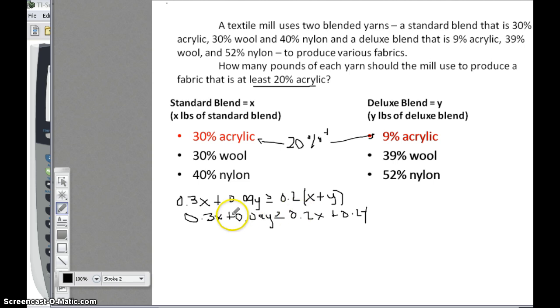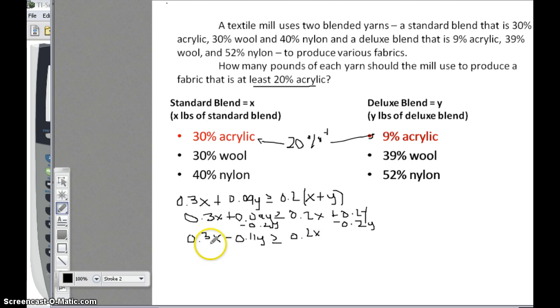So I'm going to get my y's over here on the left, and so I'll subtract 0.2y from both sides. And feel free to use a calculator to do this. So I have from that 0.3x, and this is negative, so minus 0.11y greater than or equal to 0.2x.